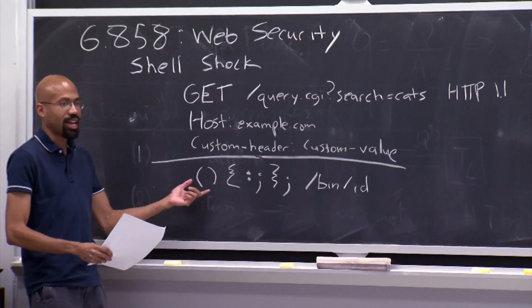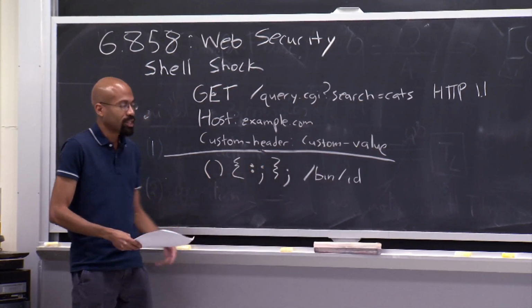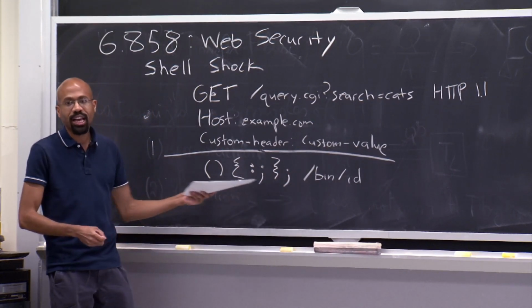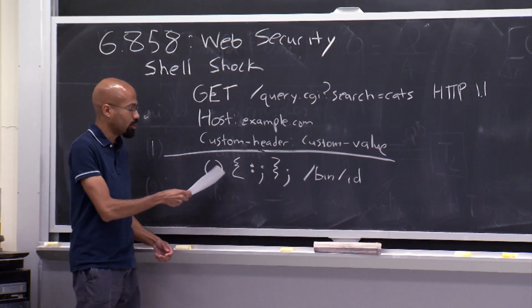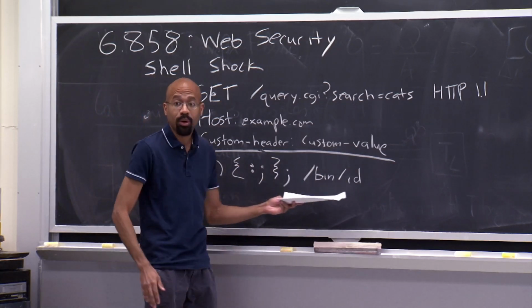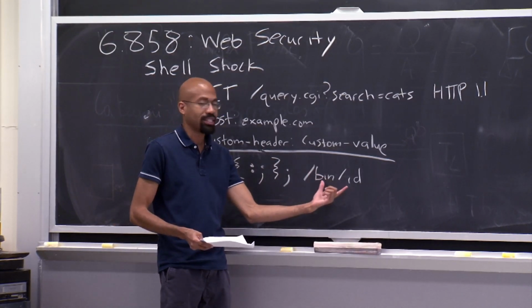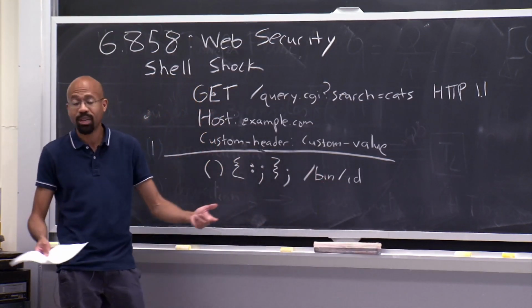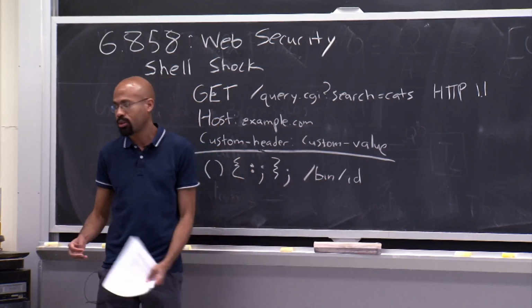You just define some stupid function here that doesn't do anything, and then the parsing would terminate here. But this sequence of characters actually confuses the bash parser. It stumbles through this nonsense, and then it says, oh, I might as well keep on parsing and execute some commands here. In this case, this just does the /bin/id command, which displays some information about the user. But this could be any code right here. That's the heart of the vulnerability.